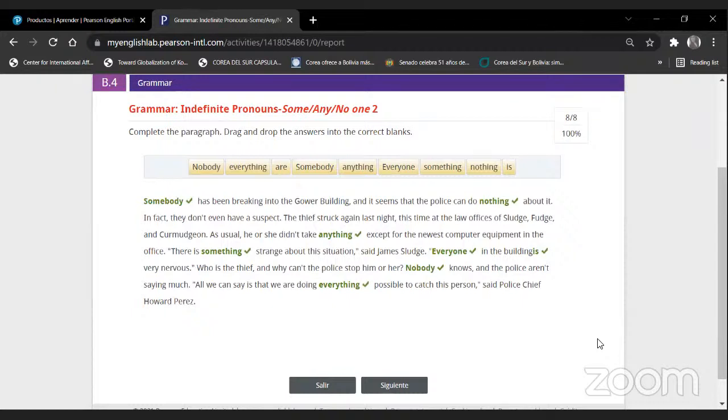Of course everyone is singular, but in the case of everybody, it's the same here. It's the same as everyone.